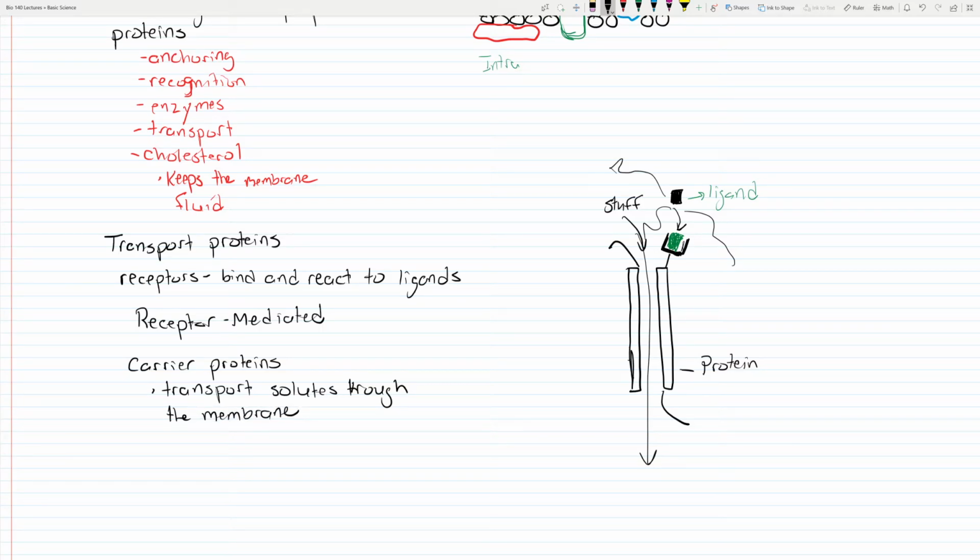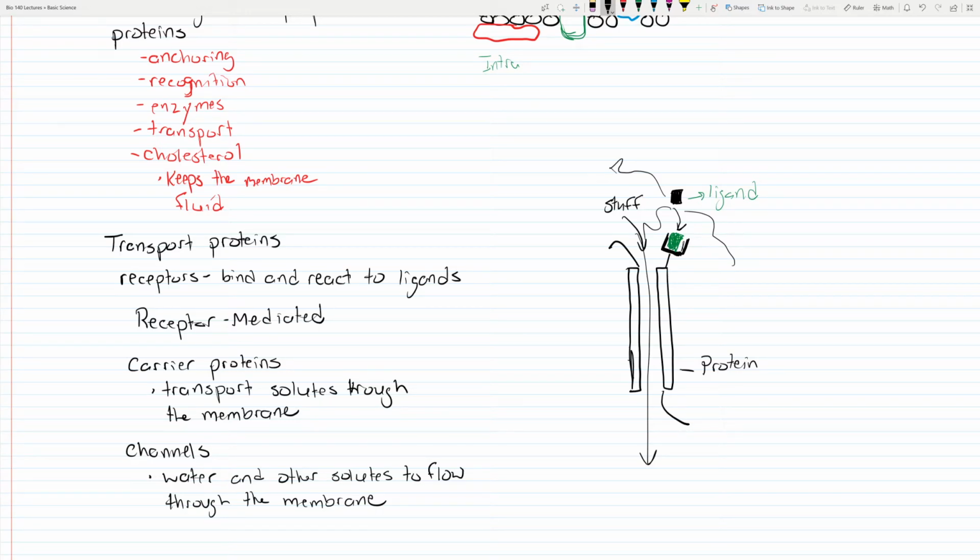And then we have these things called channels. They allow water and other solutes to flow through the membrane themselves. Those are our transport proteins.